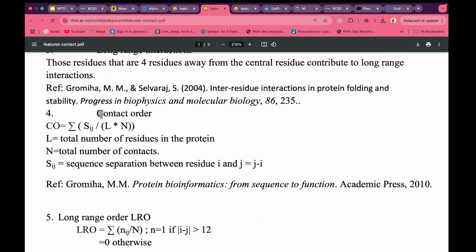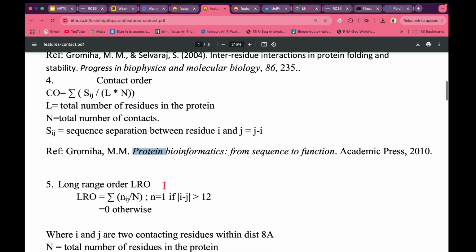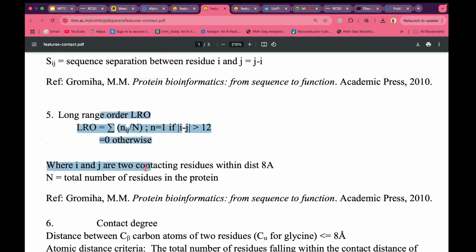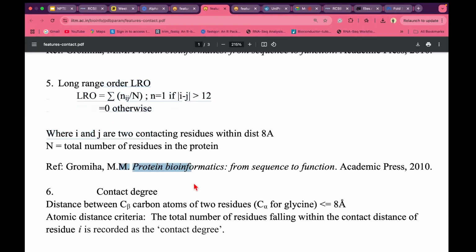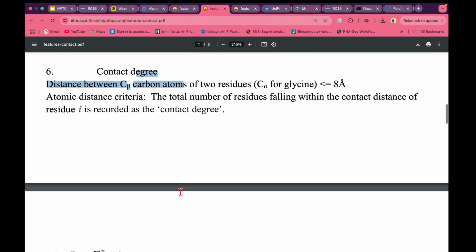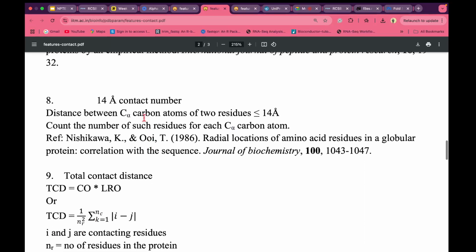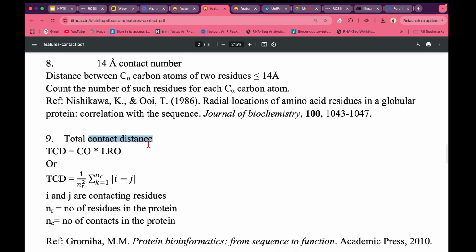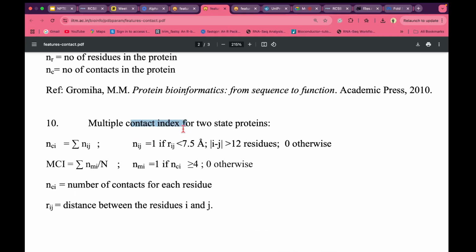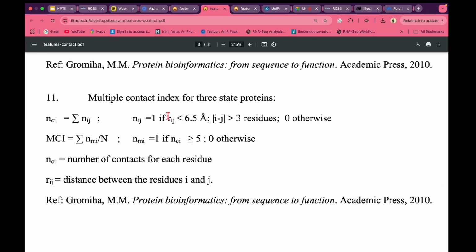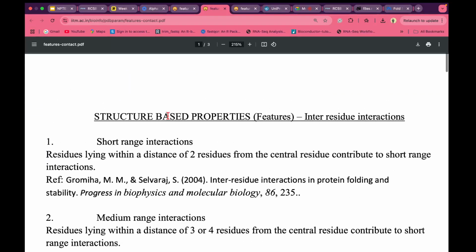So the detailed explanation along with the reference of contact order, detailed explanation of the formula of long range order along with the reference, contact degree, 8 Angstrom contact number, 14 Angstrom contact number, total contact distance, multiple contact index information. So all these formulas along with their references have been provided here.